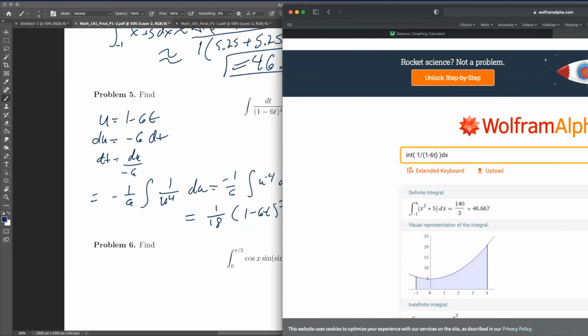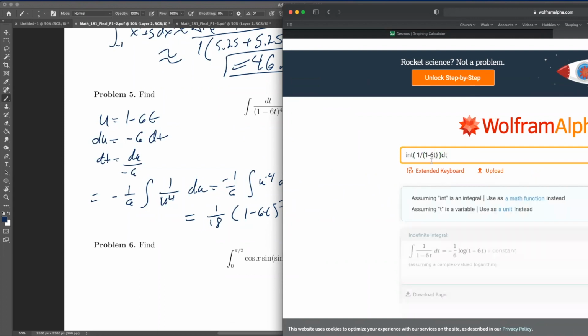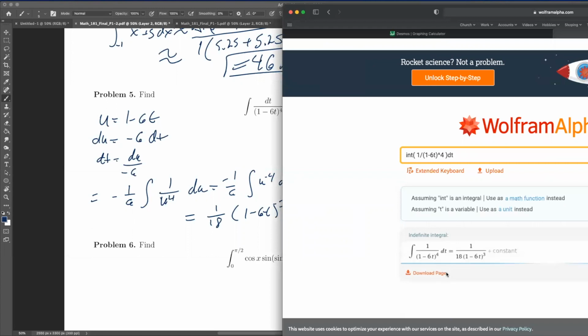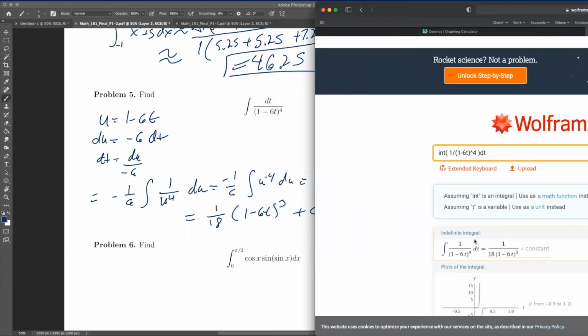I can switch this over to t so I don't confuse anyone. Okay. And does our answer look slightly different? Yeah, I just left it as a -3 instead of putting it back down, right? But here we have 1/18 over this. Okay. So make sure you typed it in correctly and then do that.